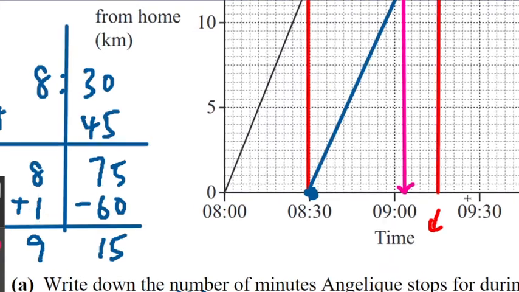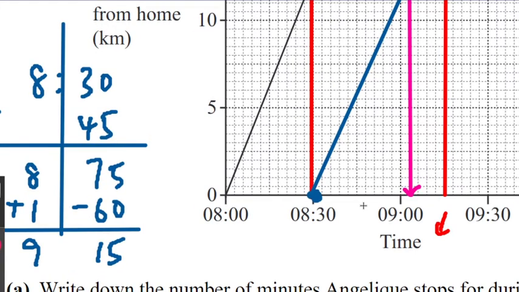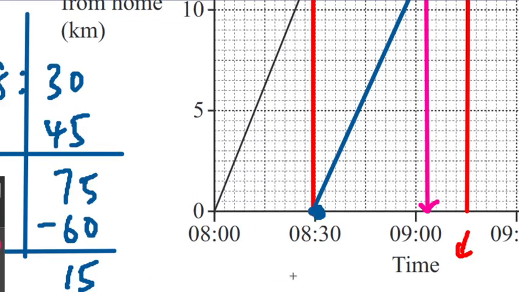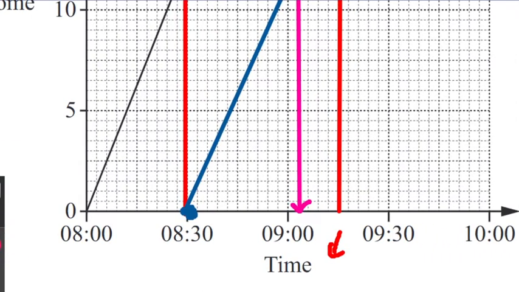As you see clearly here, let me enlarge this. From here to here is 30 minutes, right? And if you count, you have 10 boxes altogether, 10 units. Okay, never mind, we will enlarge again. When you count here, you have 1, 2, 3, 4, 5, 6, 7, 8, 9, 10.